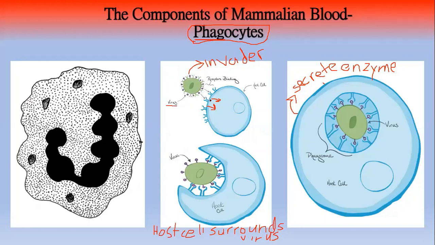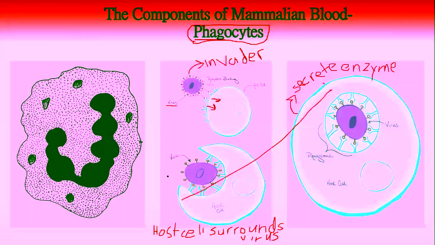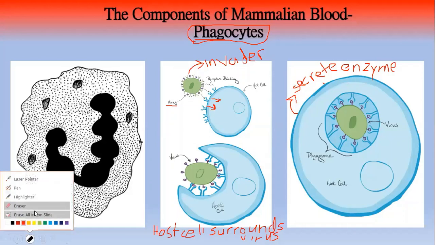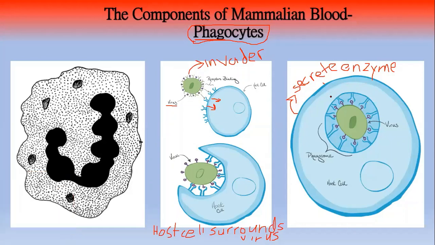It would bind to the virus, then surround the virus. When it completely surrounds the virus, it would digest the virus on the inside by secreting enzymes. So the enzyme secreted by the host cell or the phagocyte would digest the virus on the inside.